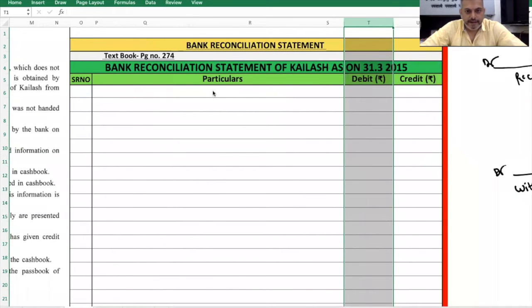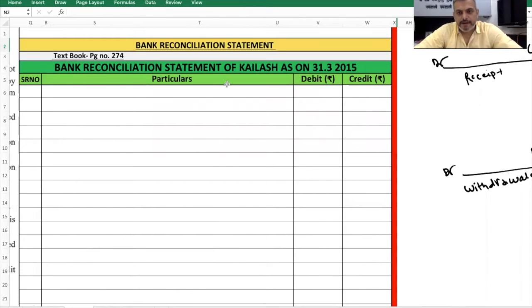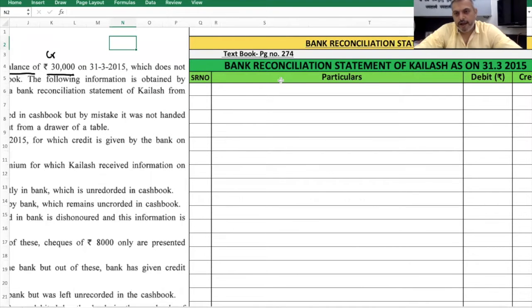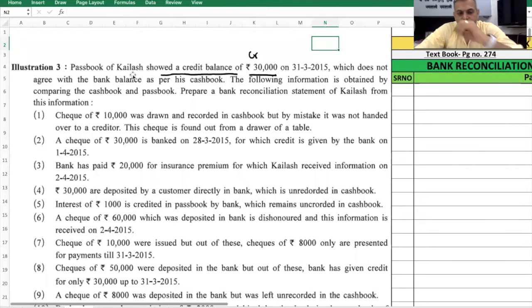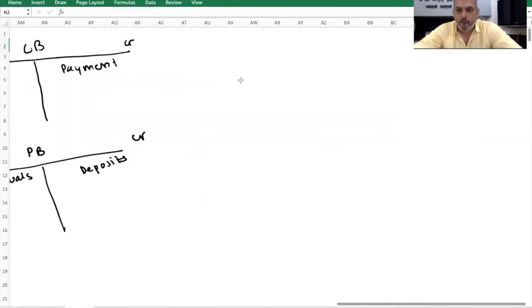Now, as you know, a bank reconciliation statement is a statement to record the reasons for difference between the balance as per cash book and the balance as per passbook. So we are comparing the cash book balance with the passbook or the passbook balance with the cash book. Now we are going to start our sum with the balance as per passbook. Now it is a credit balance. So is it a bank balance or bank overdraft?